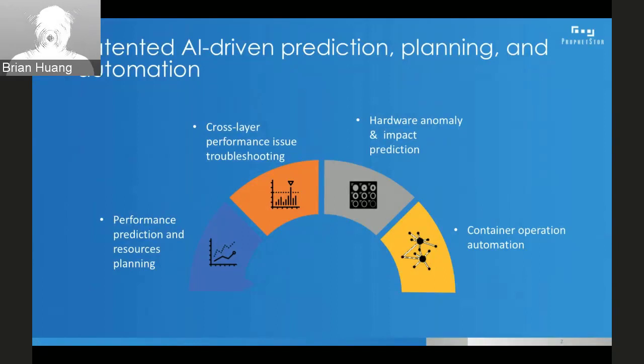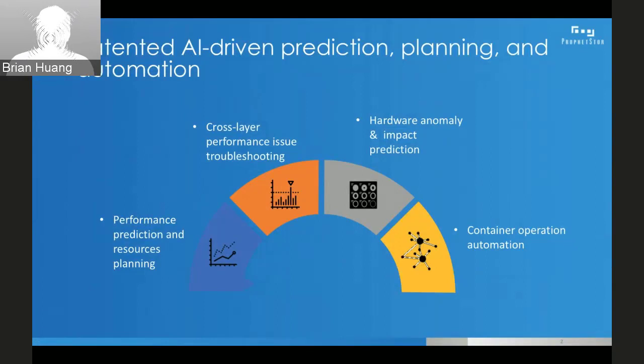We also focus on what we call cross-layer performance issue troubleshooting, because even if users understand how their containers work, there are still a lot of situations where problems occur in the underlying layers. That means the infrastructure, maybe hardware components such as hard drive, flash drive, memory, or even CPU cache.